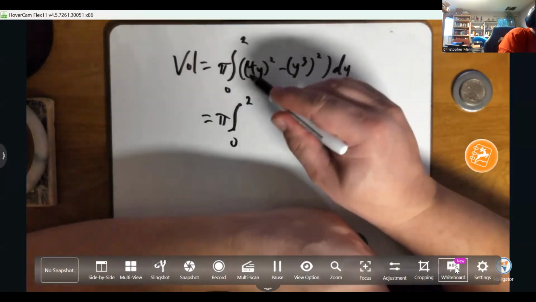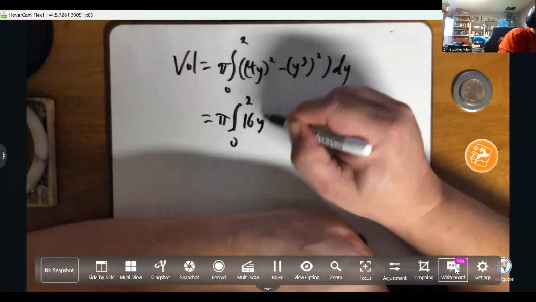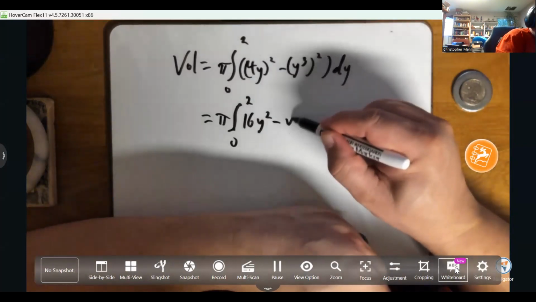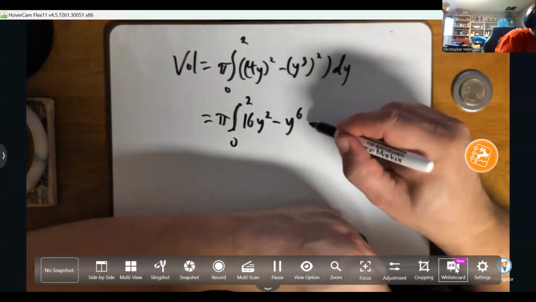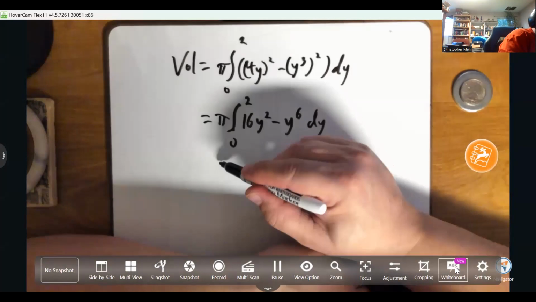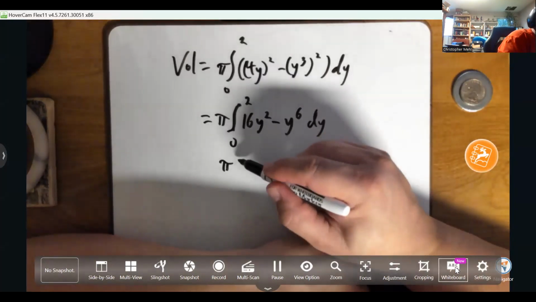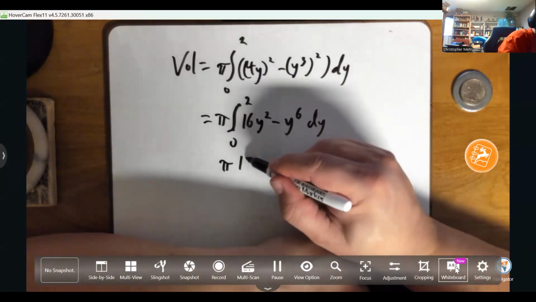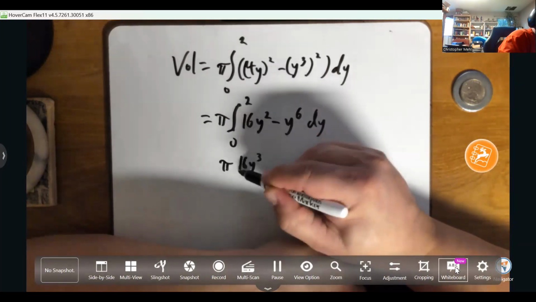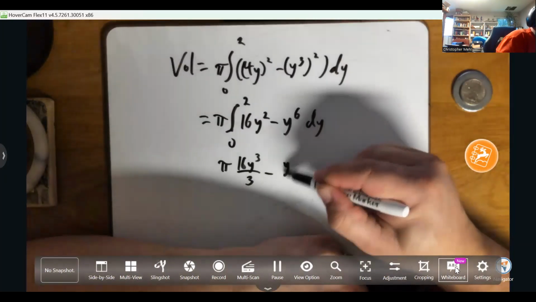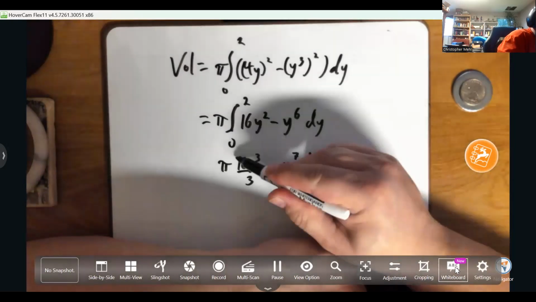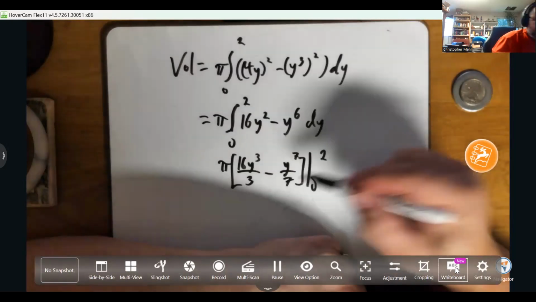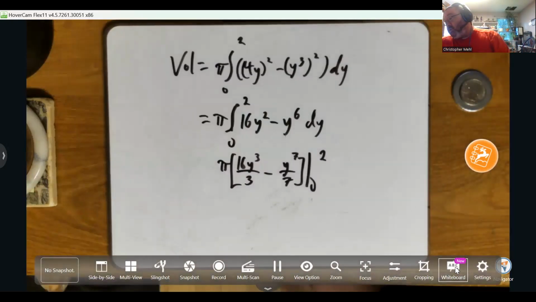That works out to be 16y squared minus y to the 6th dy. So that's pi times 16y cubed over 3 minus y to the 7th over 7, evaluated between 0 and 2.